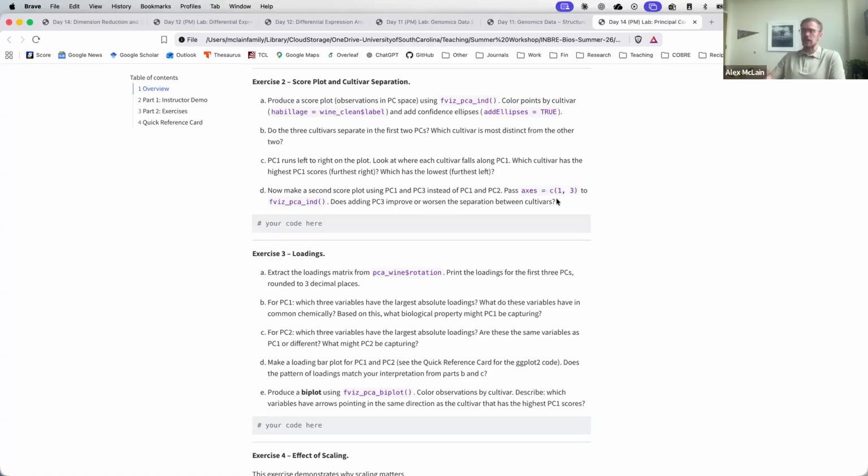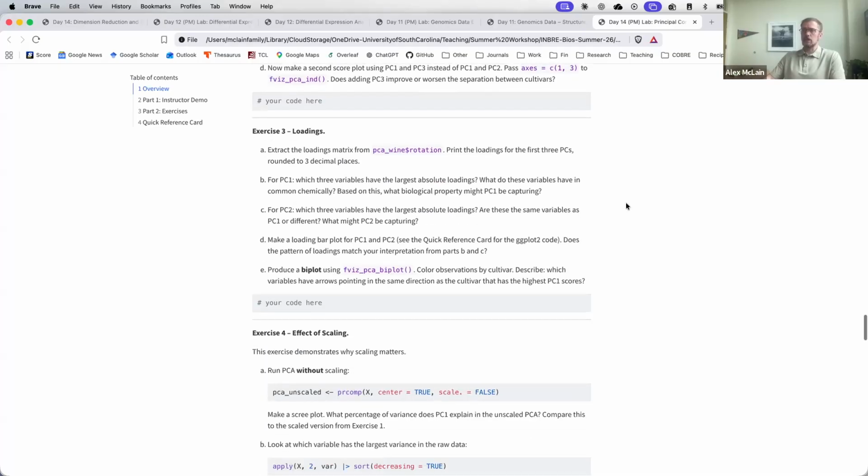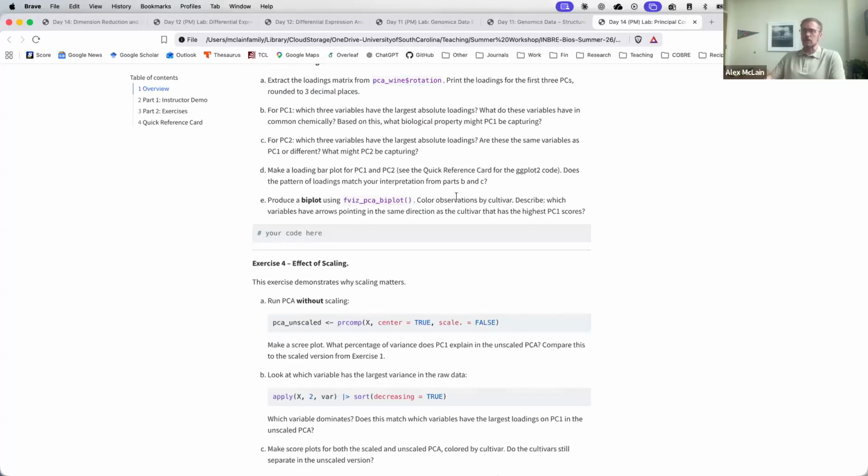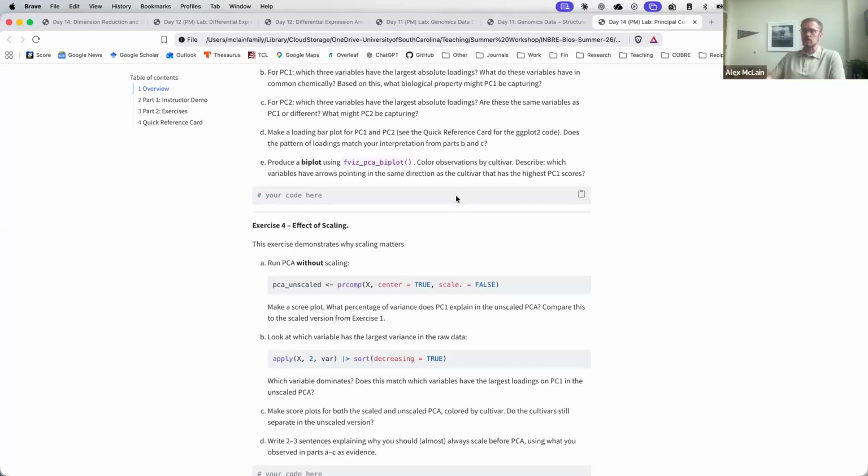We just have to change the axis here. Does this improve visualization? Do we see more separation between the cultivators here? And then lastly, we're going to take a look at the loadings here. Similar to how we did in the morning, what variables have the largest loadings, positive or negative, for at least PC1 and 2, and then the biplot that we talked about.